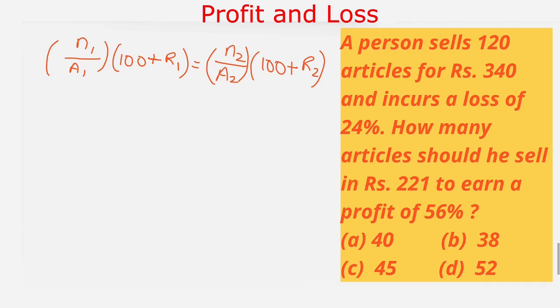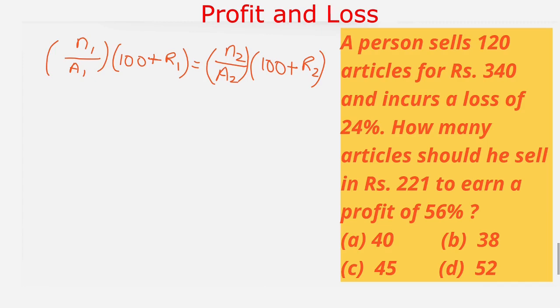Here N1 is the number of articles in amount A1 and R1 is the profit or loss percentage, and N2 is the number of articles in amount A2 and R2 is the profit or loss percentage for the number of articles N2 and A2. Here R1 and R2 are taken to be positive if it is profit and negative if it is loss. Now we just fill in the values given to us.